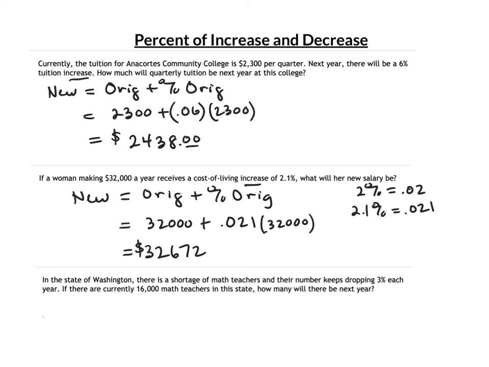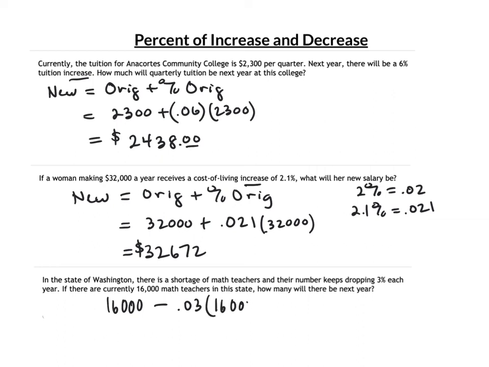In the state of Washington, there's a shortage of math teachers, and the number keeps dropping 3% each year. If there are currently 16,000 math teachers in the state, how many will there be next year? So we're going to take our original 16,000 and we're going to decrease it by 3% of 16,000.